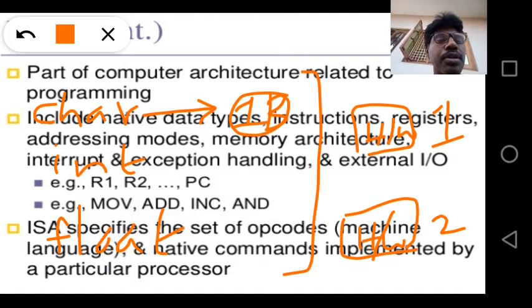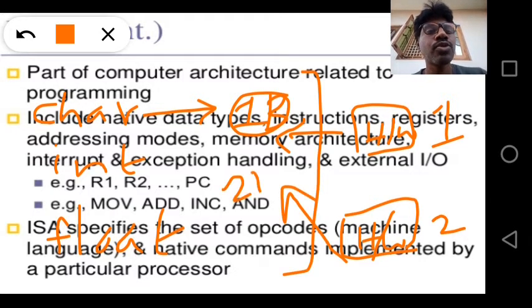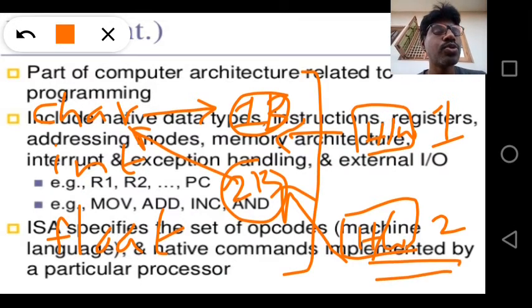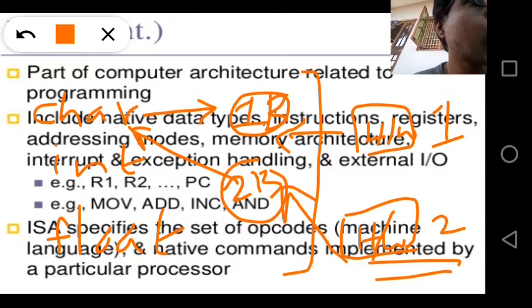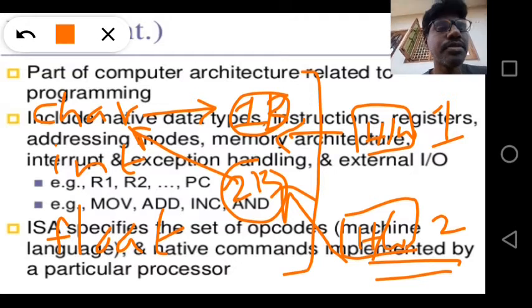For example, hardware 1 might allocate 1 byte for character, while hardware 2 may allocate 2 bytes for the character. So this is an example that a program is entirely dependent upon the hardware configuration.